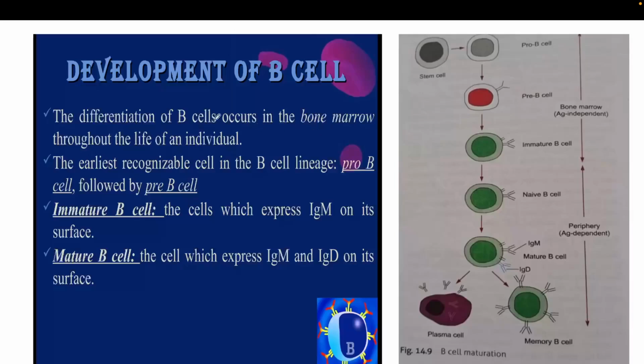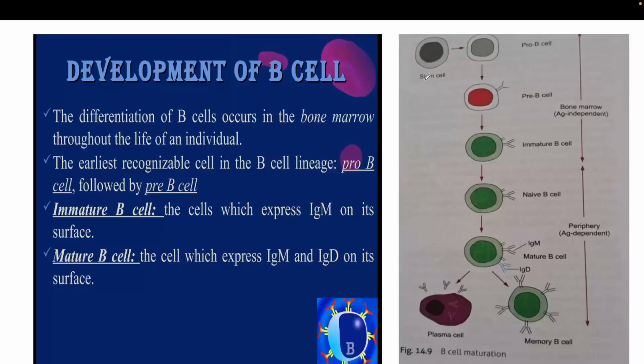The first B cell lineage is the pro B cell, followed by the pre B cell, then the immature B cell, the cell which expresses IgM on its surface. Finally it will produce the mature B cell, which will have IgM and IgD on its surface. Okay, so this is the flow chart.